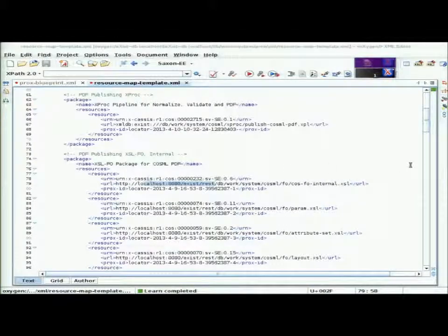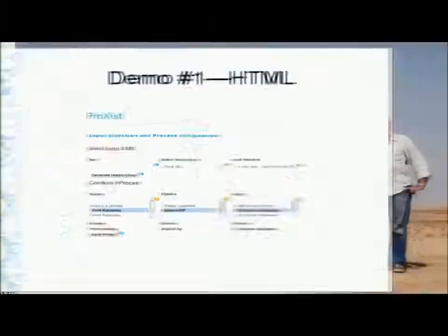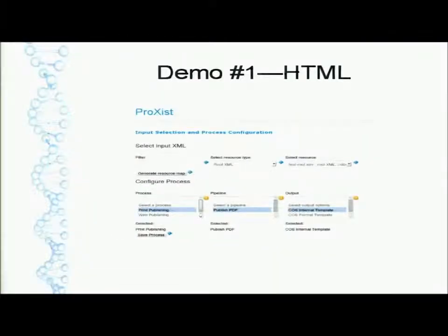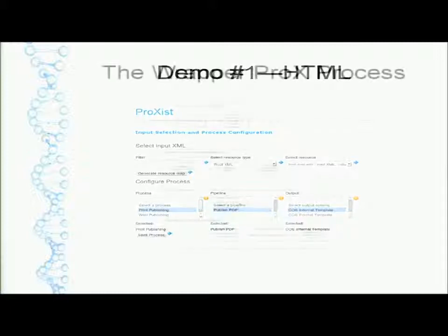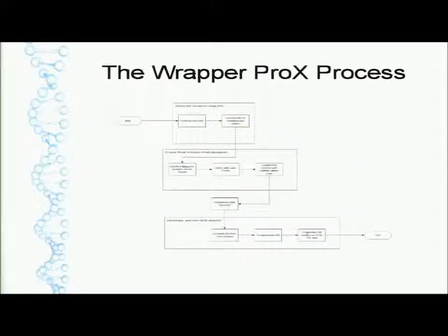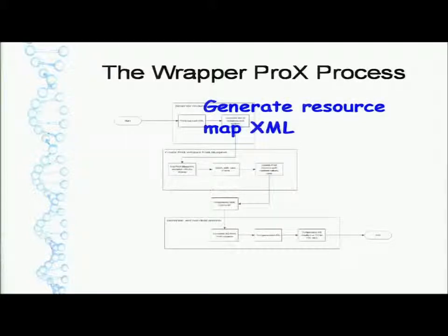So going back to the, whoops, I don't know what happened there. There we are. So what happened here behind the scenes is that I generated a resource map, basically a big list of files.